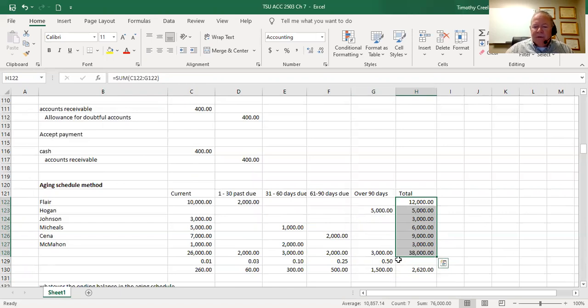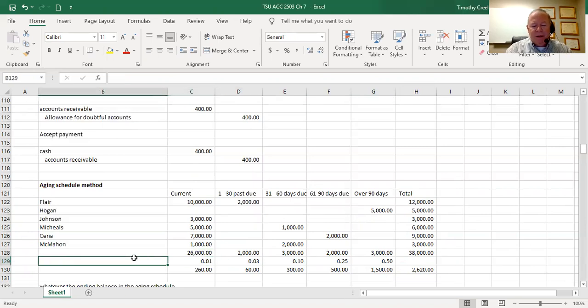And this total accounts receivable would be broken down by how current or how behind the customers are in payment to us. So one thing you're going to know here is the total current would be 26,000. Now, notice that there are percentages here.